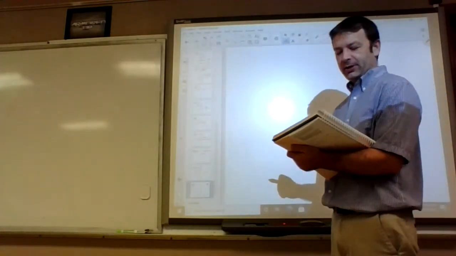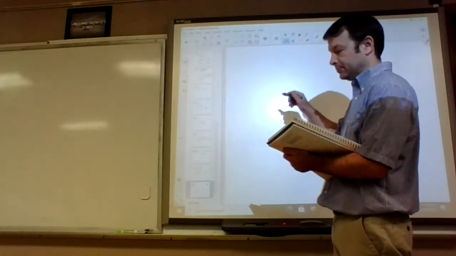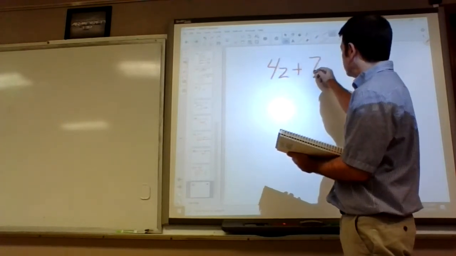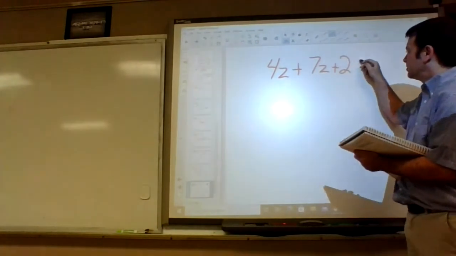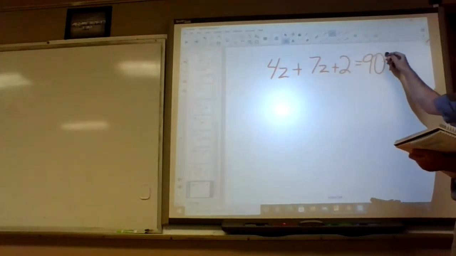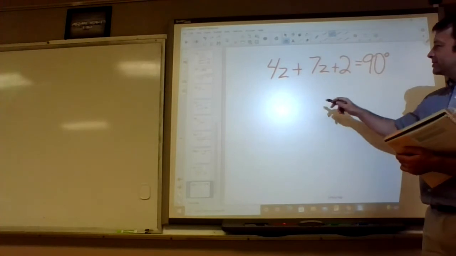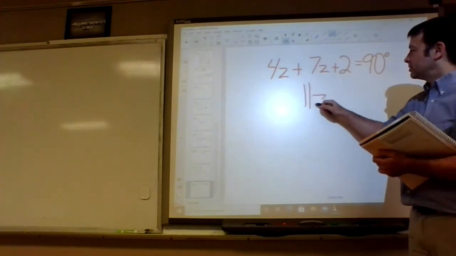Okay, so what should I write then? 4z plus 7z plus 2. Together they should make 90, right? Add them up, they add up to 90. 4z plus 7z is 11z.